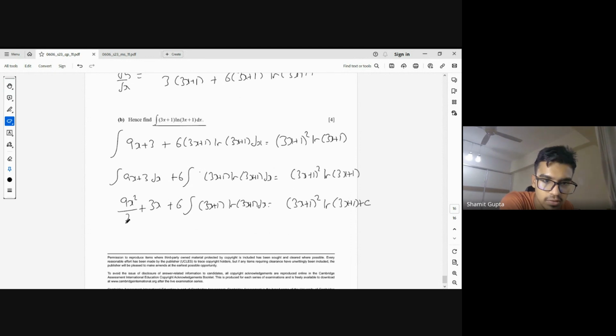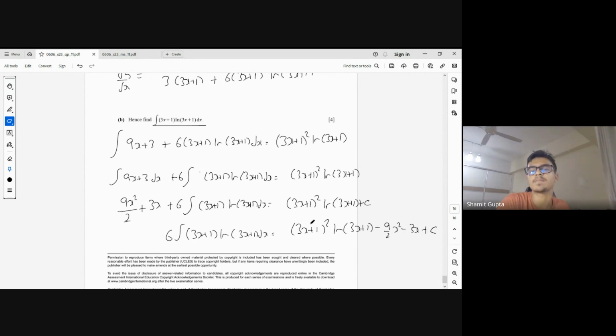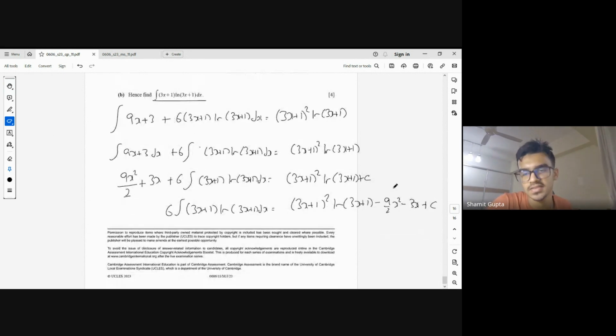Now I can bring all of them to the right hand side. 6 integration of (3x + 1) ln(3x + 1) dx is equal to (3x + 1)^2 ln(3x + 1) minus 9 over 2 x^2 minus 3x. We can keep the plus c as it is.